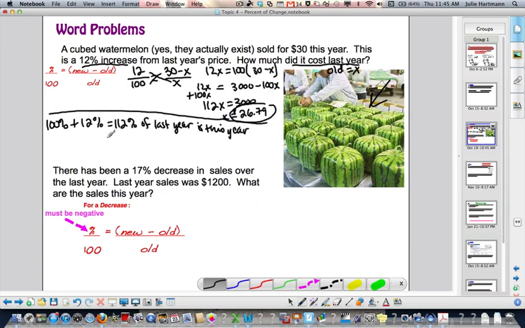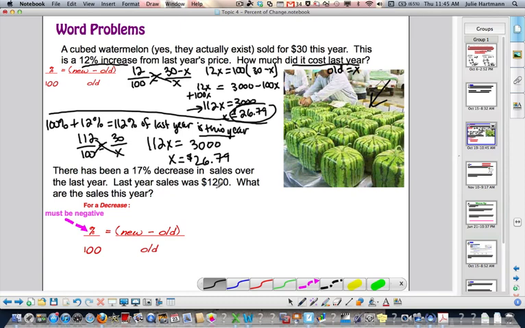So now if you do percent over 100 equals is over of, is this year, so that's your $30 this year, of looks like that. When you cross multiply, 112x equals 100 times 30, which is 3,000, and you're back up here, you still get $26.79. You could look at that either way.